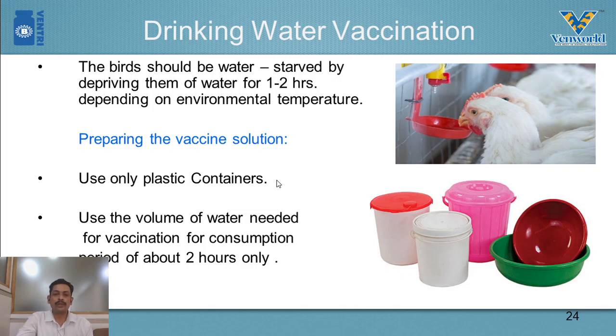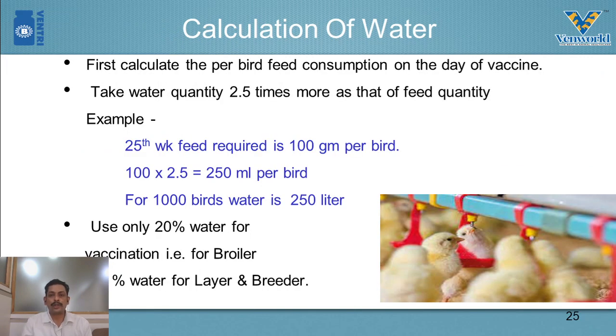Then the calculation of the water is required for consumption for 2 hours only. So accordingly we have to calculate the water needed for vaccination for a consumption period of about 2 hours. For the calculation, first calculate the per bird feed consumption on the day of vaccine, and take water quantity 2.5 times that of the feed quantity.